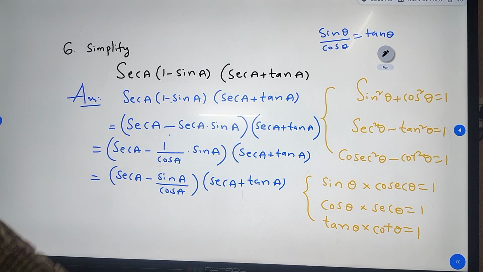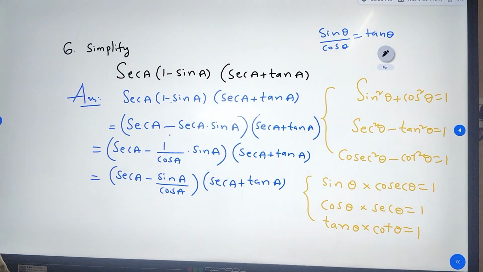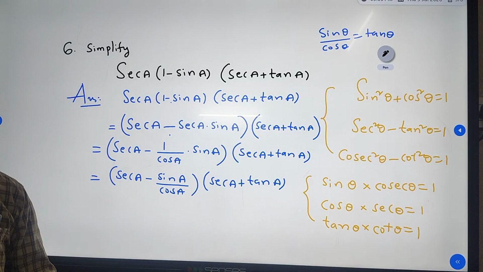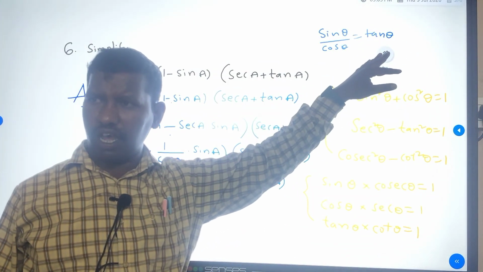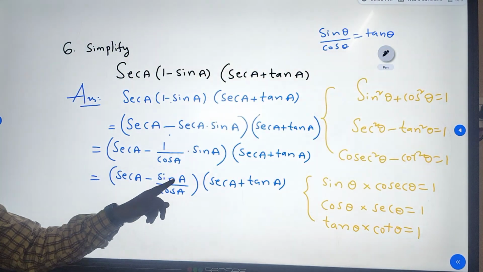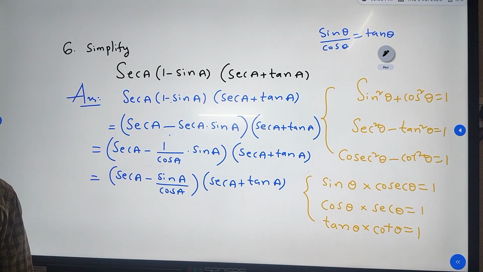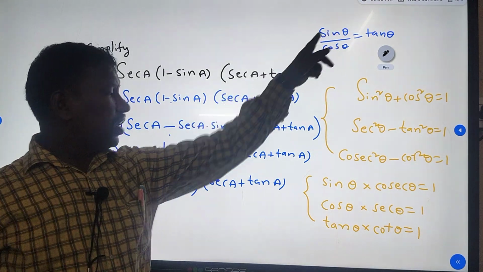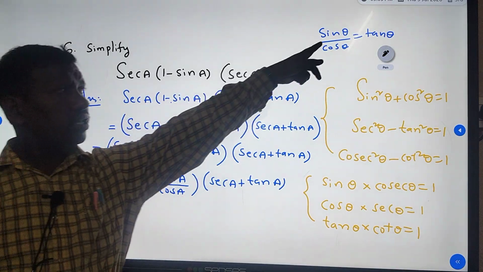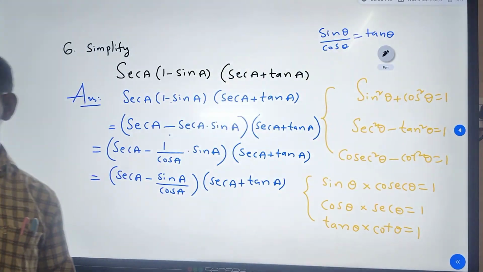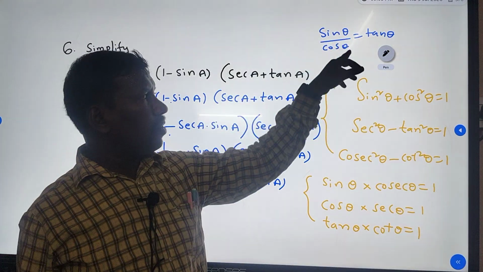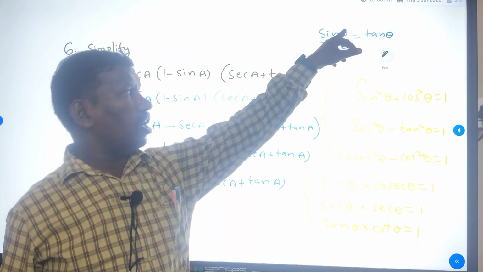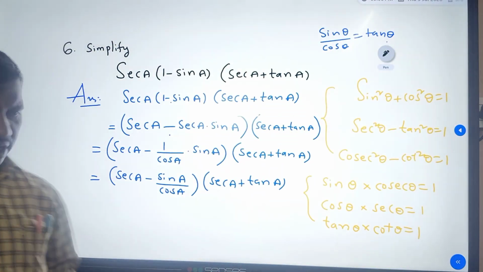For example, substitute A in the place of theta. We get sin A by cos A equal to tan A.